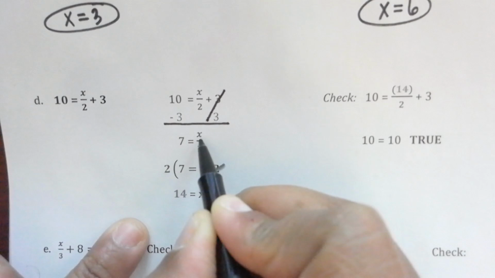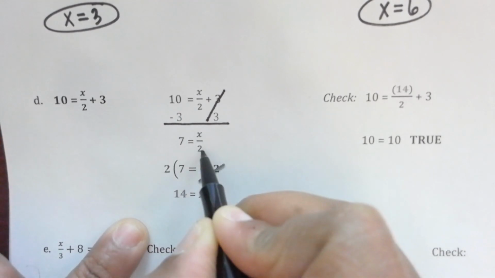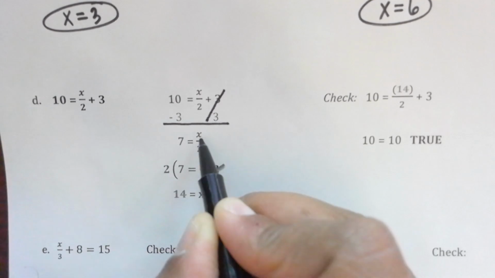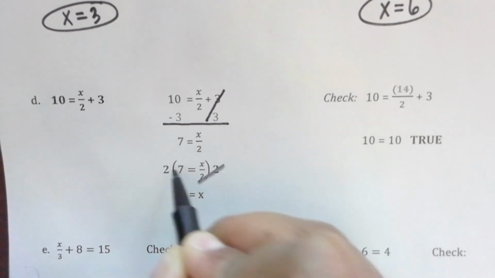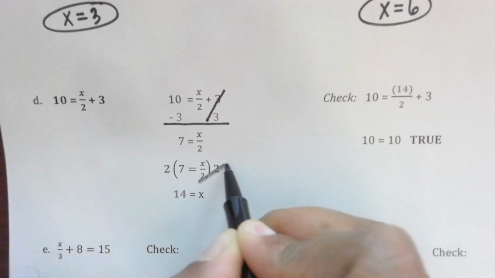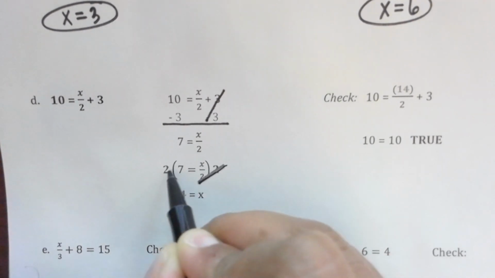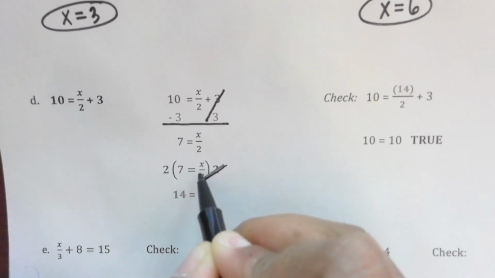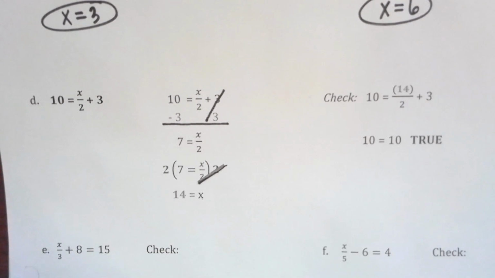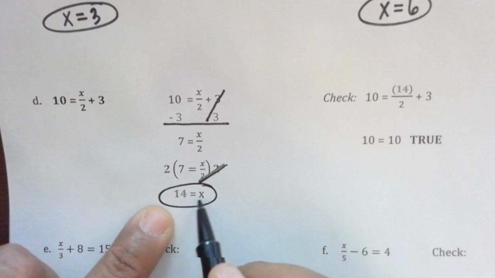Now, what's happening on this side? Division by 2. So, how do I get rid of or eliminate this division by 2? Times it by 2 on both sides. So what happens to those 2's? They cancel out. 2 times 7 is what's left on this side. So we have 14 equals x. Any questions there?